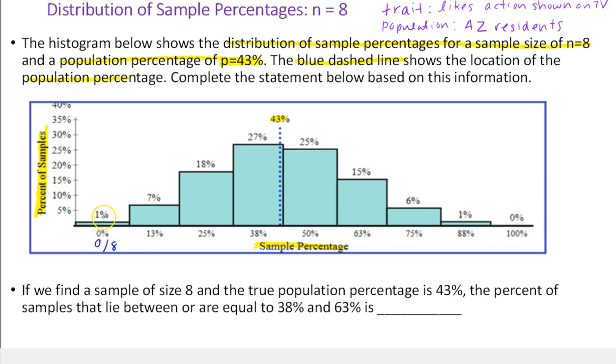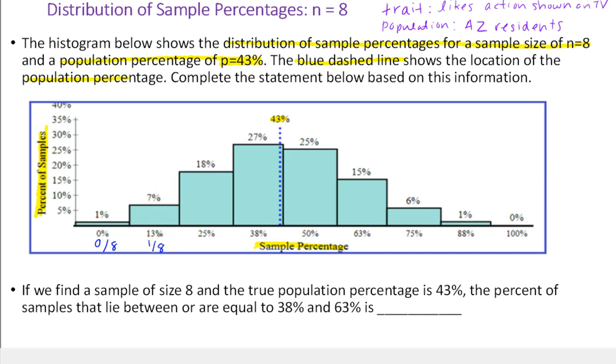And this number, 1%, means that that happens 1% of the time. So 1% of all possible samples of size 8 will give you this result. Similarly, if you sampled 8 people and just one of the 8 people said that they like action shows on TV, this would happen 7% of the time. 7% of all possible samples give us this result.